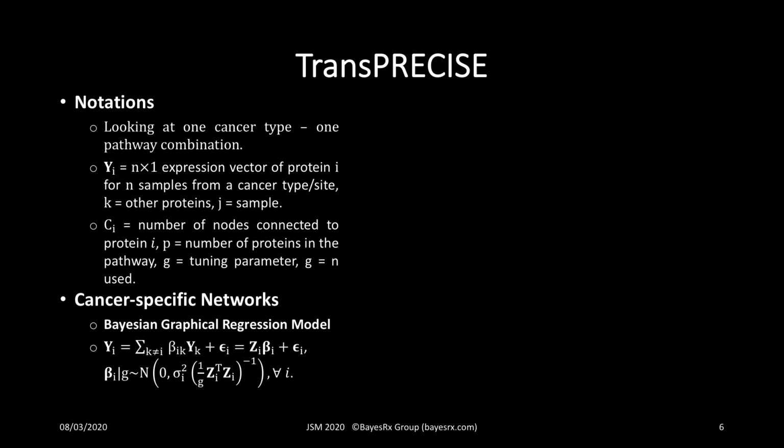The sense is that if the Zi transpose Zi is really large, then this variance is really small, and then this beta i is concentrated almost at 0, in the sense that Zi does not really have a lot of information to specifically estimate this beta or say that it has some effect coming out of the other proteins. This prior, which is called the Zellner's g prior, also does a bit of variable selection here. The G equal to n ensures that this is a unit information prior.